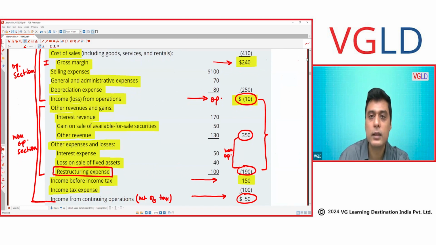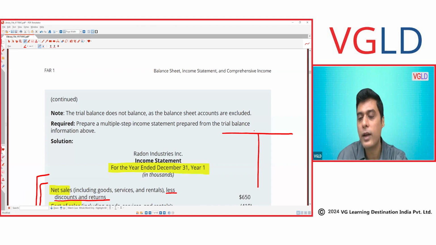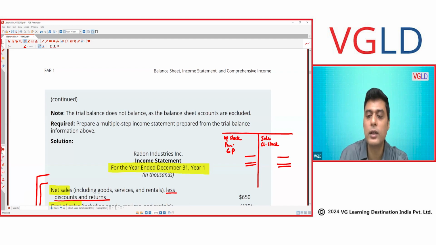is, if I go back to class 11th again, we used to prepare the trading and profit and loss account. So we used to have opening stock here, purchases, sales over here, closing stock, and the gross profit. And we would break this account into 2 parts.